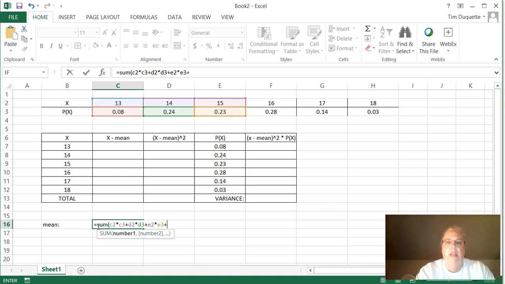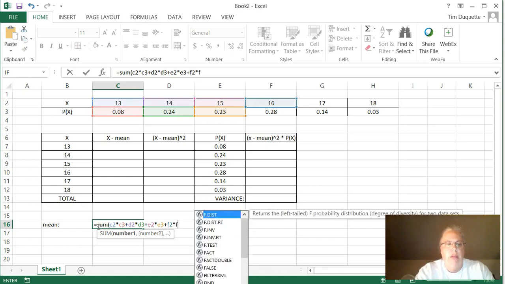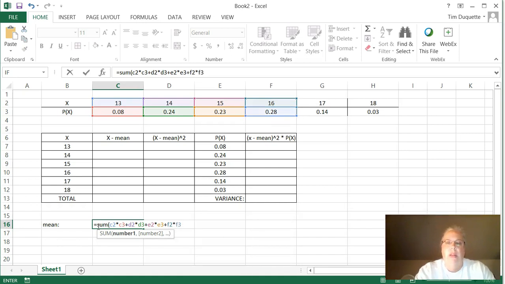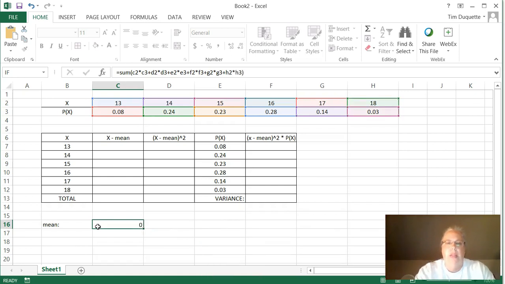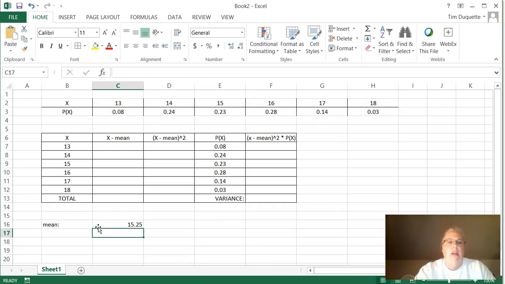And then we're going to add that to F2 times F3, and then add that to G2 times G3, and then add that to H2 times H3. And that will give us the mean of 15.25.